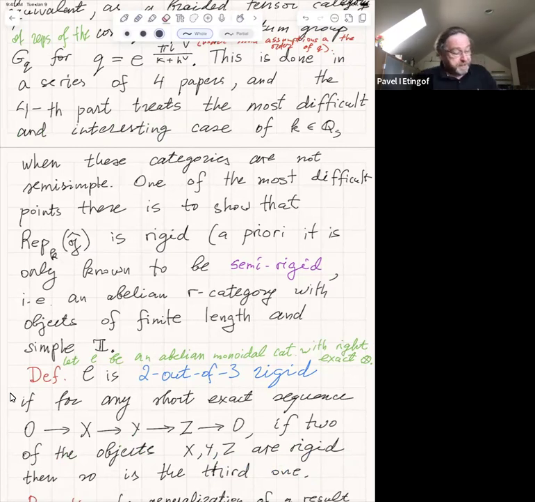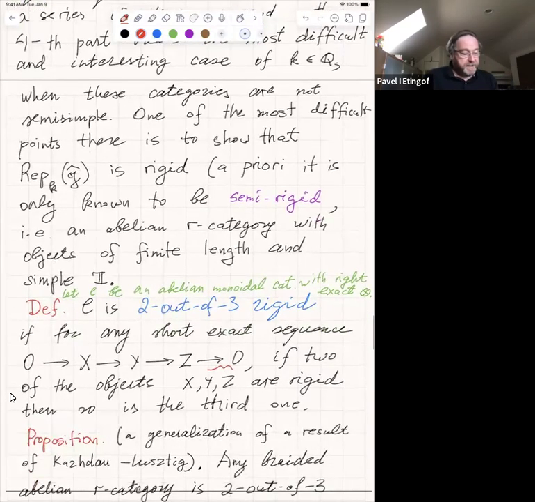This is, by the way, also our results with David Penny's, which will be in the new version of this paper, but it is not uploaded yet. So I'm going to call C 2 out of 3 rigid if for any short exact sequence 0 to x to y to z to 0, if 2 of the objects x, y, and z are rigid, then so is the third one.